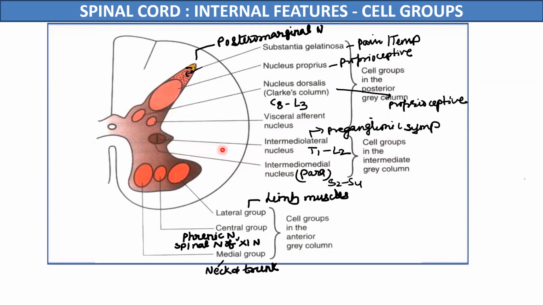The intermediolateral group of nuclei is present in the T1 to L2 segment of the spinal cord, and it will give rise to preganglionic sympathetic fibers, while the intermediomedial group of nuclei is present from the S2 to S4 segment of the spinal cord, and it will give rise to preganglionic parasympathetic fibers. So these are the groups of neurons in the anterior, lateral and the posterior gray horn of the spinal cord.